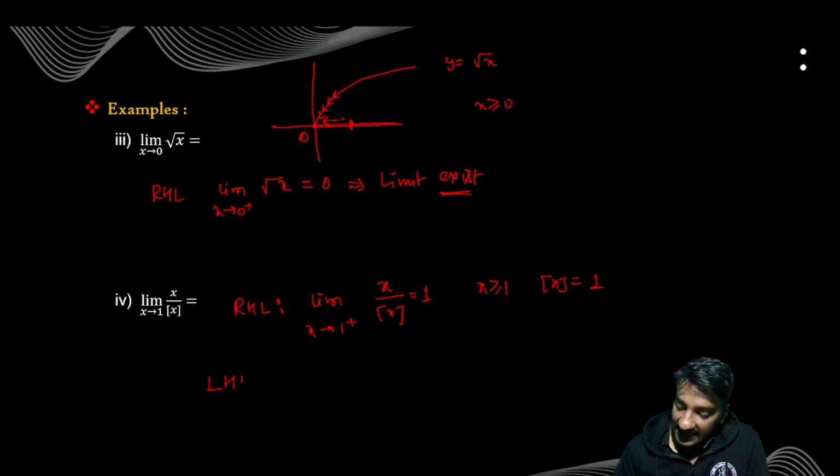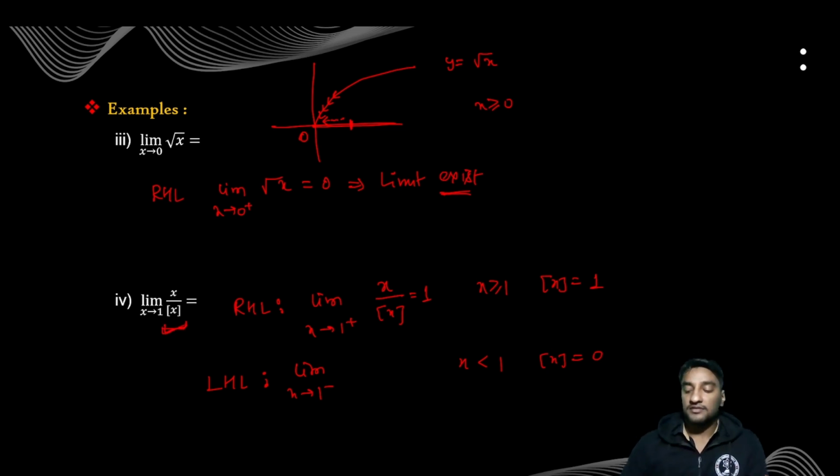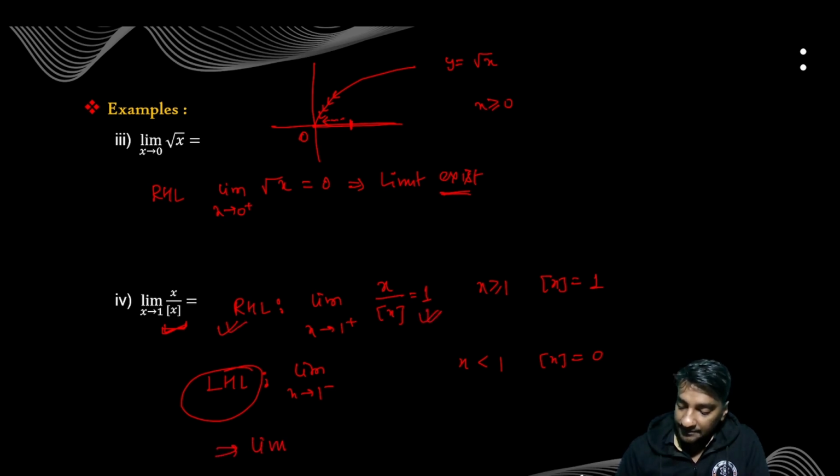In case of LHL, we know that limit x tends to 1 minus, and since x is less than 1, box of x is equal to 0. Since the denominator is 0, this function is not defined. So we need not calculate LHL because this is not a part of the domain. That's why we'll only deal with the RHL, and since it is finite, we say that the limit exists.